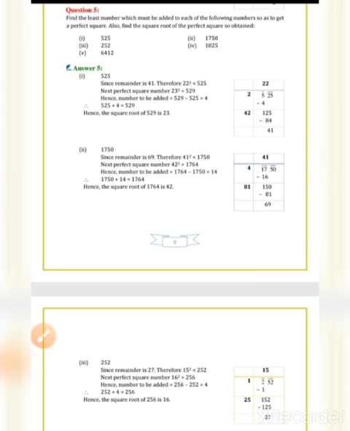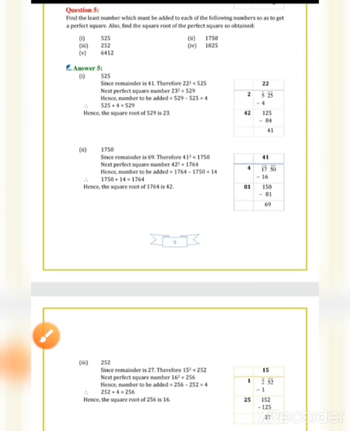After that 252. In 252 there is 15 square, so 1 1 is 1, 2 minus 1, that is 1. After that put the 52, 25 5s are 125, and the answer is 27. So 15 square is less than 252.